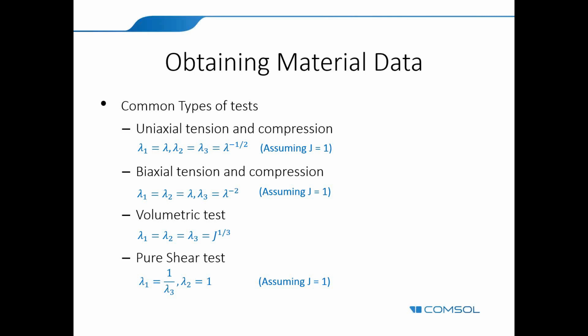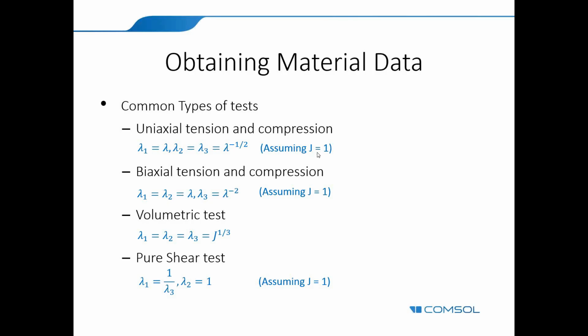The equations that you see here in blue show the relationship between principal stretches for various cases. For example, in the uniaxial tension, where you're stretching the material in one direction, the principal stretch along that direction has a fixed value, whereas the principal stretches along the other 2 directions are equal in magnitude. And if we assume that it's an incompressible material, that means J, called the volume ratio, is equal to 1.